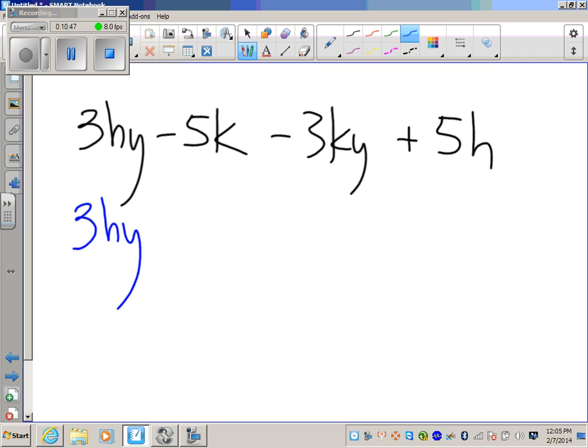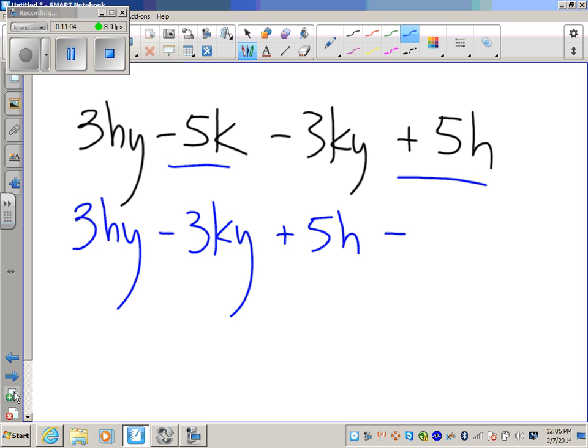3hy, which one do you want to move over? Okay, now what I've got left is this negative 5k and this positive 5h. Which one do you want to put next? Let's put the positive 5h and then minus 5k. Then we avoid that whole positive negative stuff. We should.